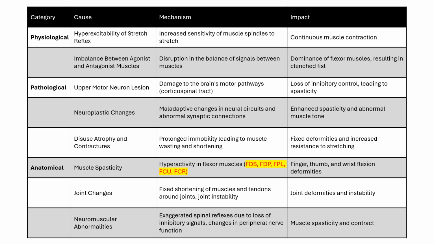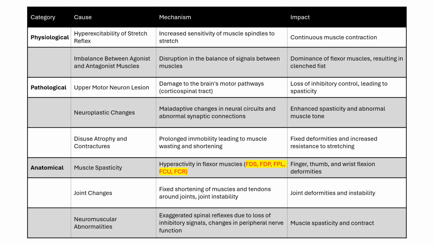Based on the framework that I've just explained, this is how I would assess my patient for a clenched fist. To be able to fully understand, we need to understand the causes of that deformity. There's a physiological cause, which is the hyperexcitability, and we need to see which of those muscles in particular is affected in the hand to produce that deformity.